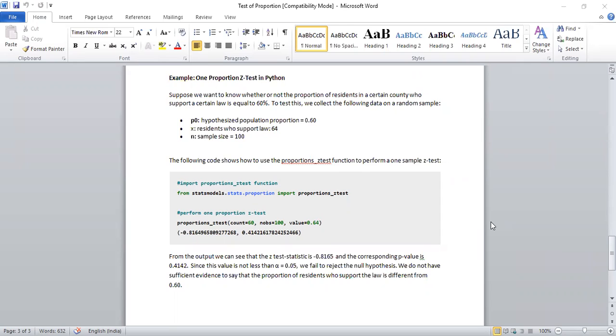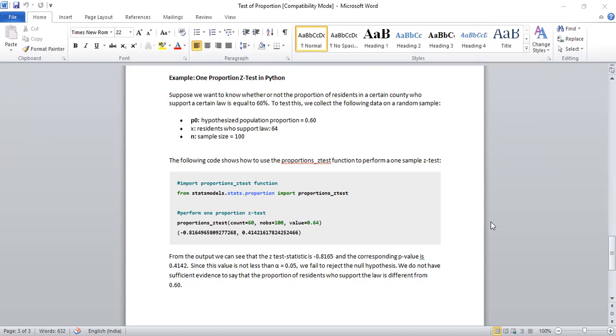The number of observations for the sample is 100, and value, the hypothesized population proportion, is 0.60. Count is the number of persons who support the law in the given sample, that is 64.